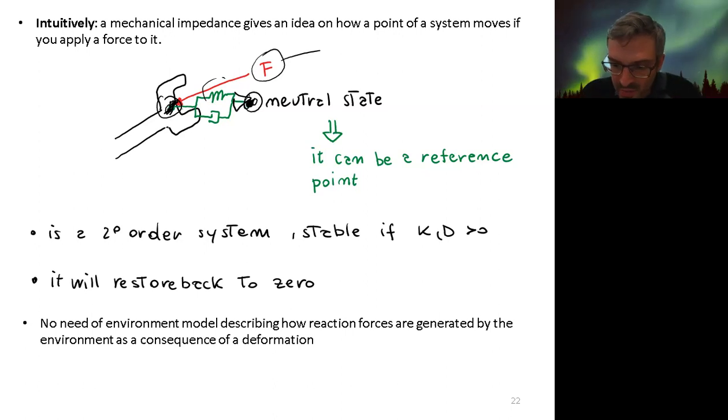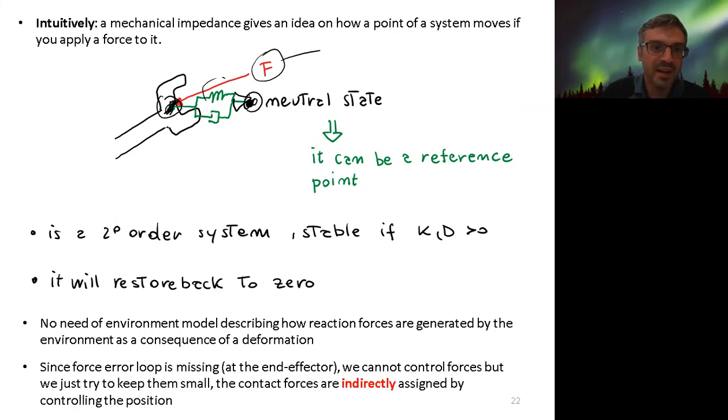So the advantage is that we don't need an environment model that describes how the reaction forces are generated by the environment as a consequence of a deformation. Also, in essence, there is no way to regulate the contact forces directly, because differently from the direct force control case, we are missing a force error loop at the end effector.